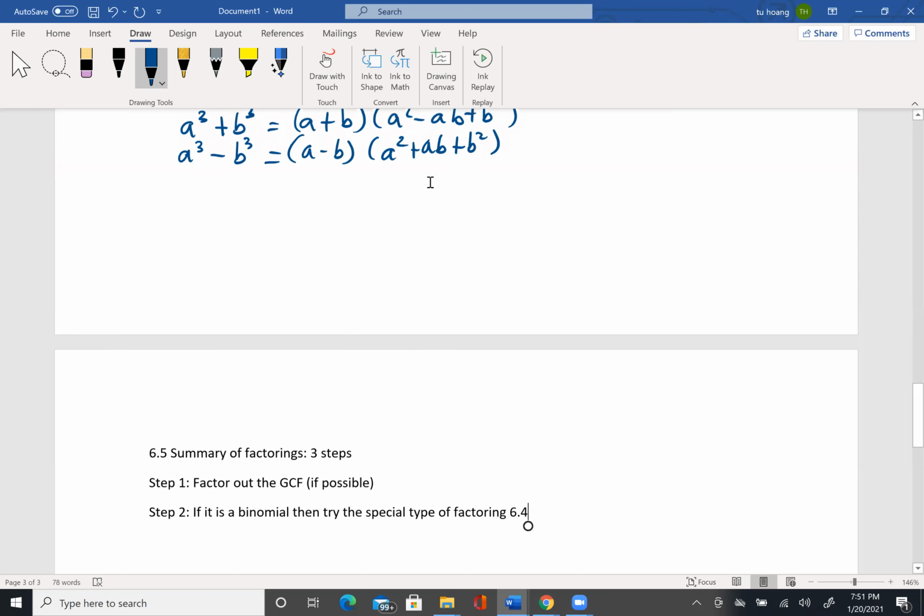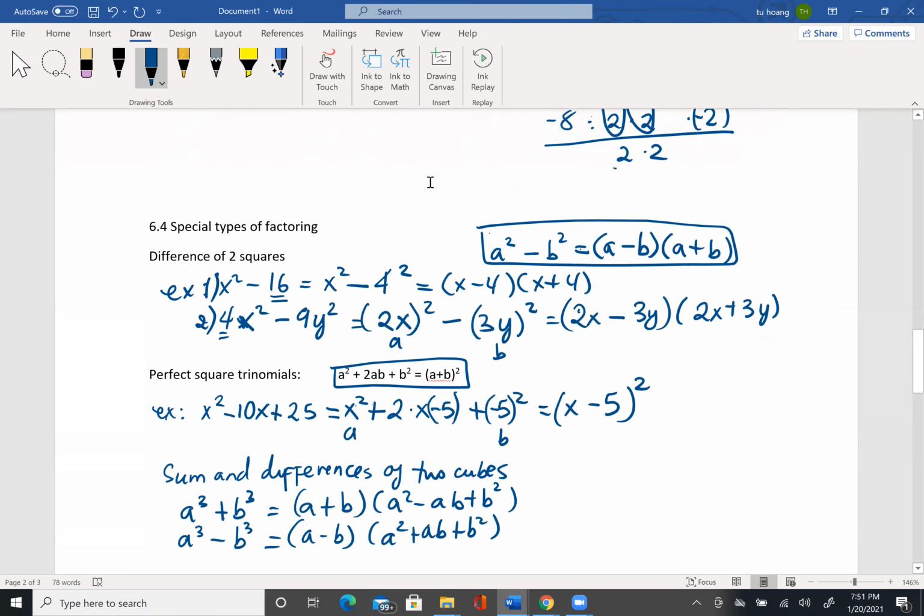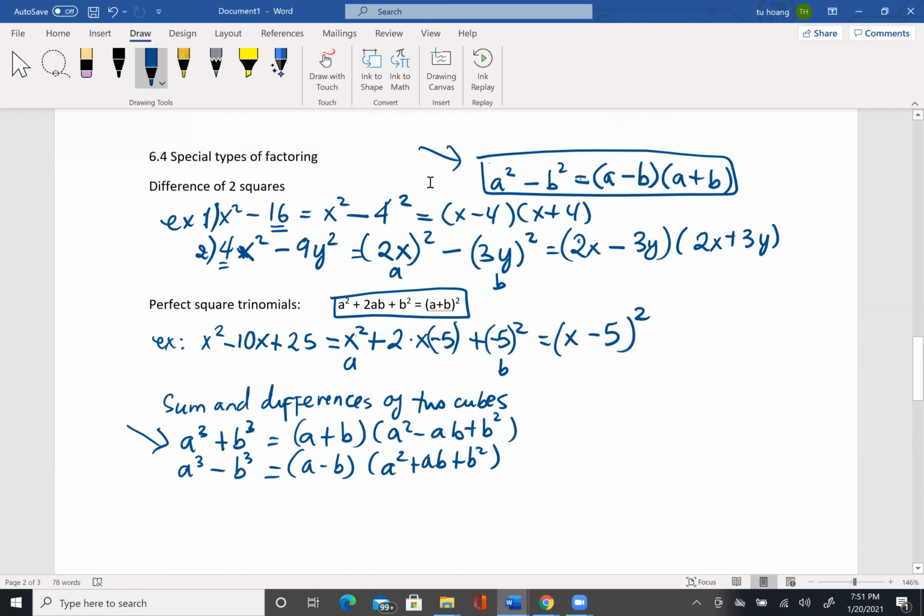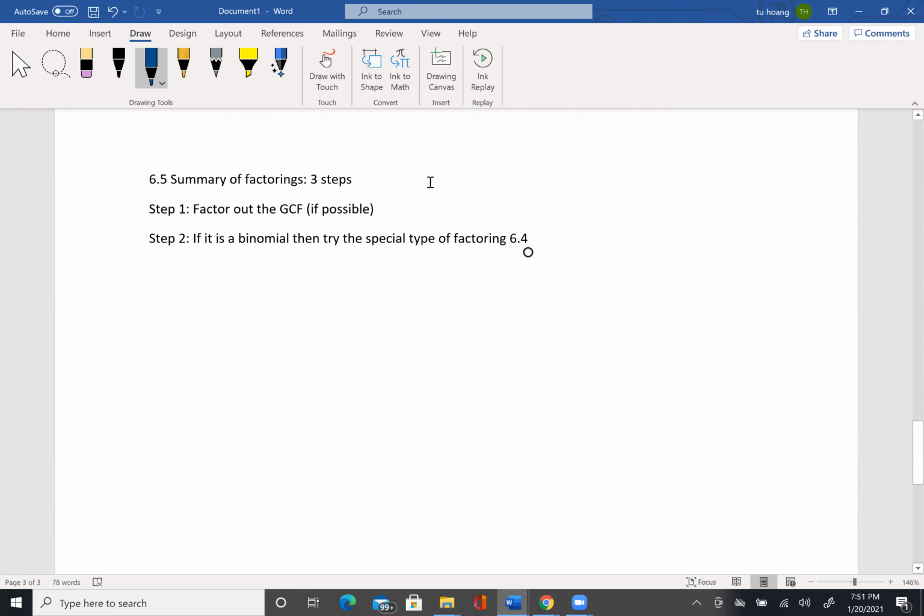So you see over here, what's a binomial? We have only 2 terms, right? Look at that, 1, 2 terms. So in that case, you're going to apply 6.4. So that is case number 1. Okay. Case number 2.